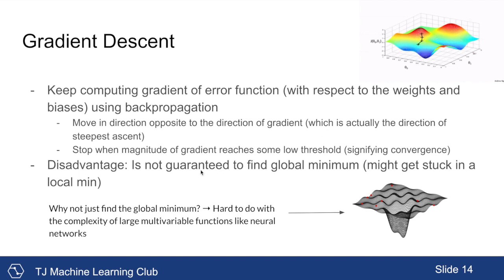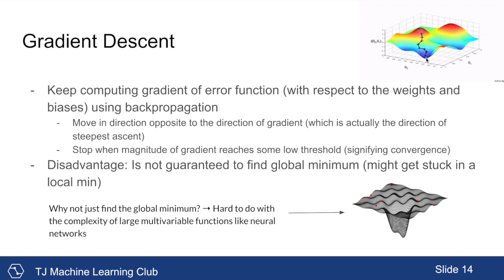So one thing to note is that this process of gradient descent is not guaranteed to find the global minimum, which is the optimal set of weights and biases that you can have, right? It's not guaranteed to do that. You can imagine that, for example, if we started in this part of the graph here, by doing this iterative gradient descent, we could have gotten stuck here.